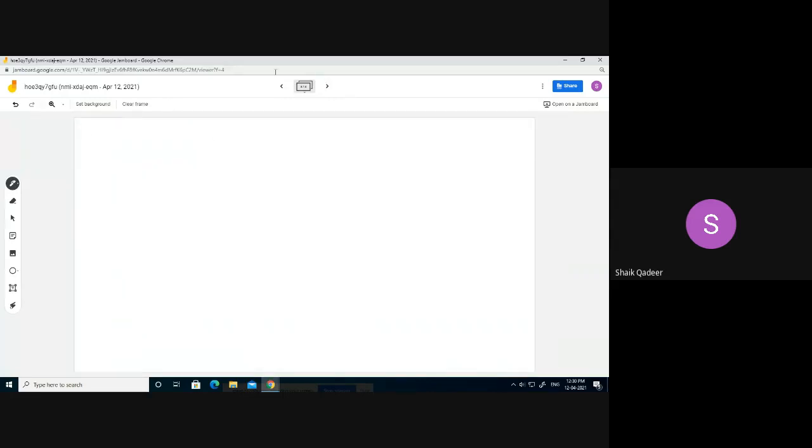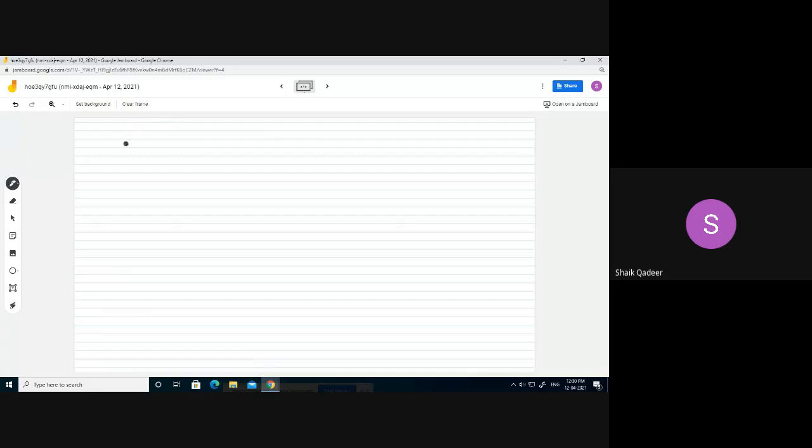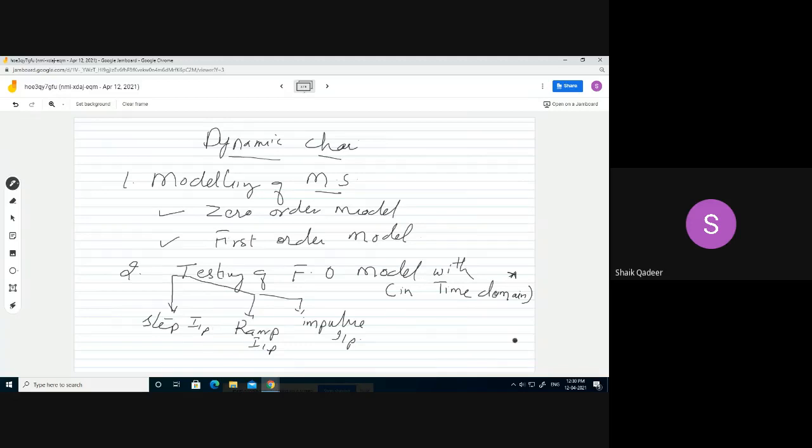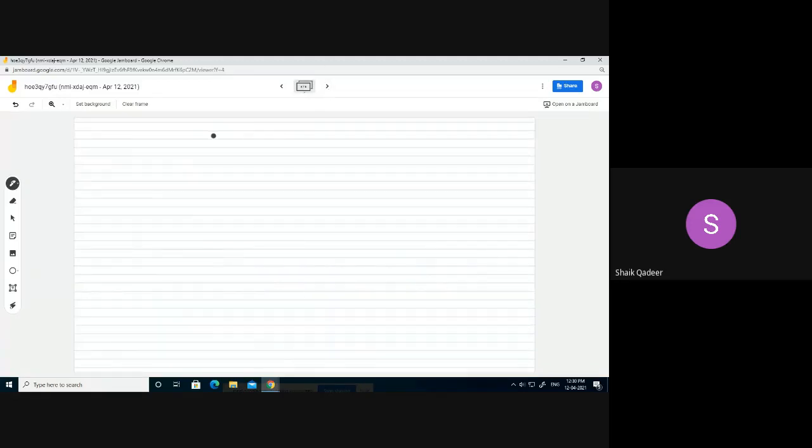Maybe after completion of unit 1. Then after doing the testing operation with these three inputs in time domain, we try to do the testing of the first order system, but this is in frequency domain, with sine input.